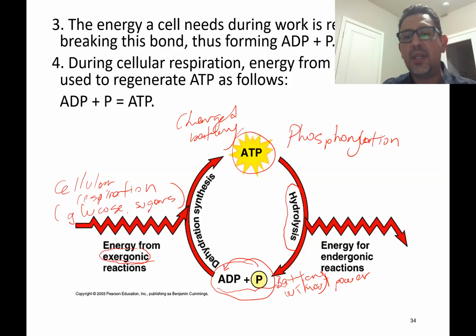I try to write down here, it's a battery without power. And in this analogy I'm using, we don't throw this battery away. We don't put it in the garbage. What we want to do is recharge it.